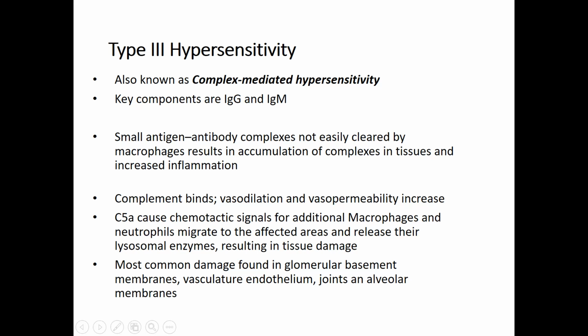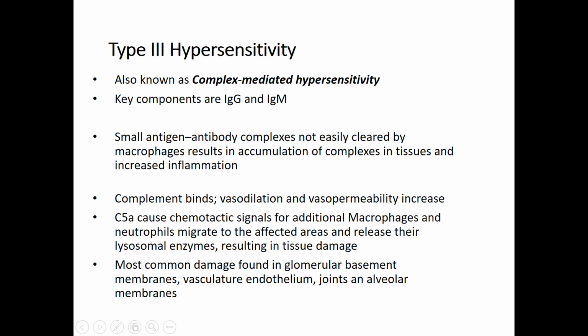In fact, C5a causes macrophages and neutrophils to move into the affected areas. And when they're there and they see the antibody-antigen complexes, they drop all their lysosomal enzymes, causing damage to the cells that are there. There's a lot of tissue damage.